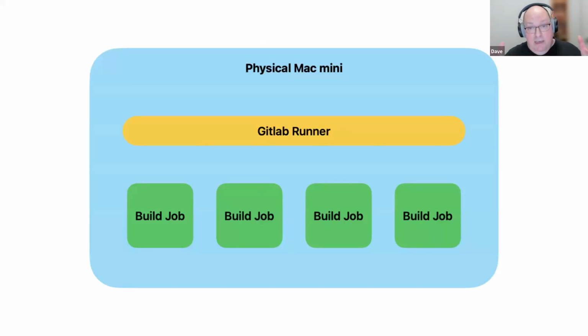On a physical Mac Mini, we have that GitLab runner that's running all the time, and we chose a concurrency of 4 build jobs to run on each Mac Mini, because each build job has some uptime and downtime during the build. At the beginning, there's a checkout of a repository, which can be quite a lengthy task in terms of the amount of time it takes, but it's almost not touching the CPU at all during that.